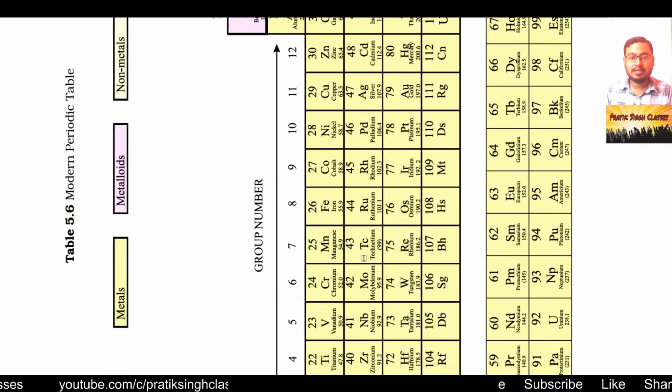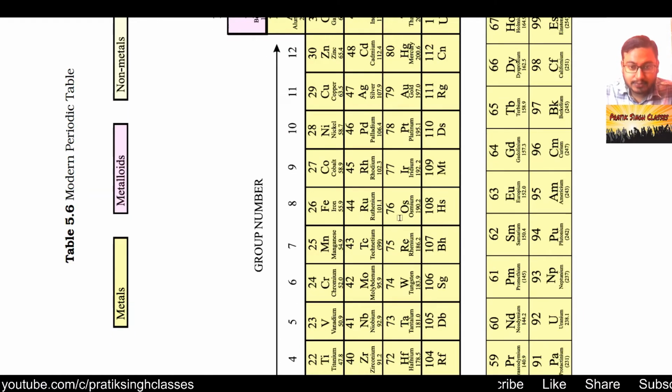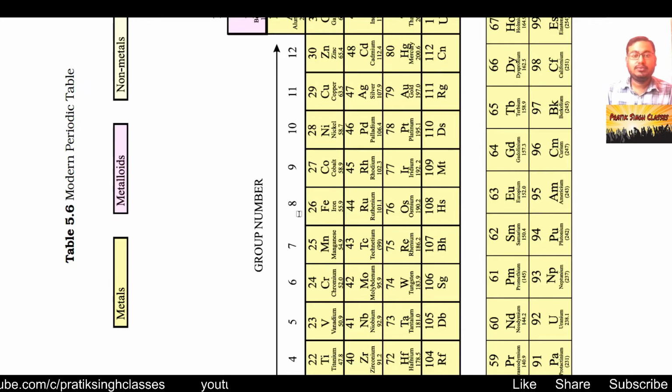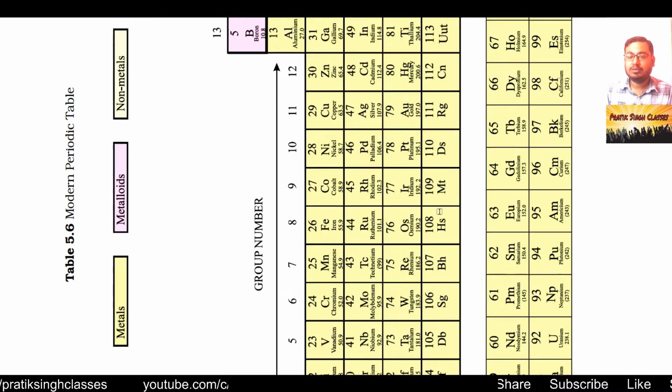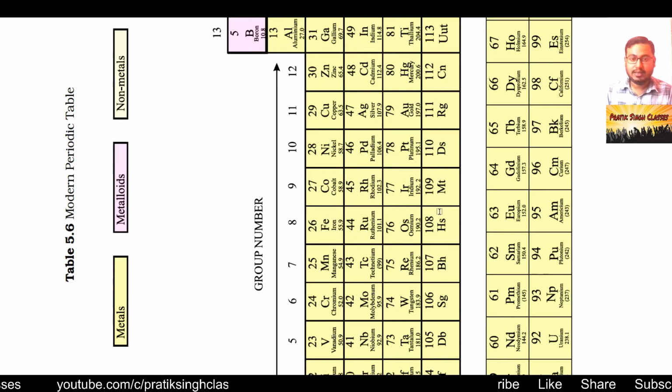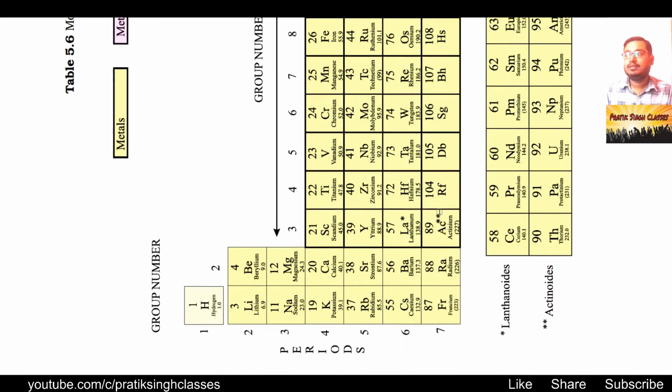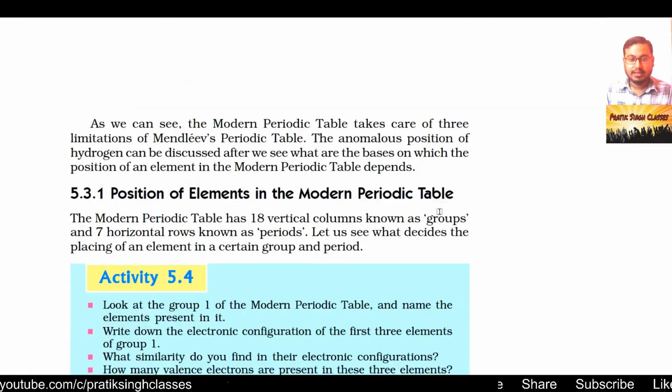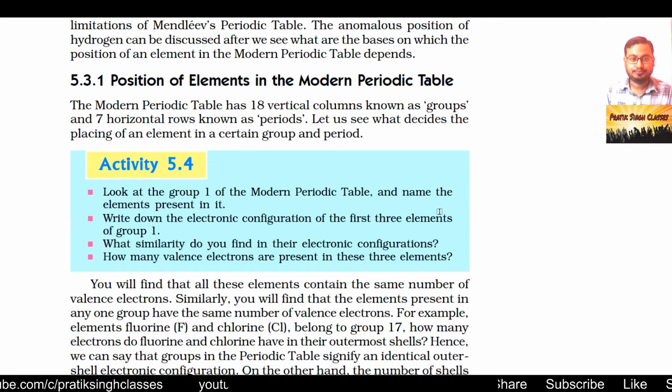Suppose we have taken group 8 elements, that is iron, ruthenium, osmium. If you go from top to bottom, the number of electrons in the outermost shell will remain the same, but at every next element, one shell will be added.